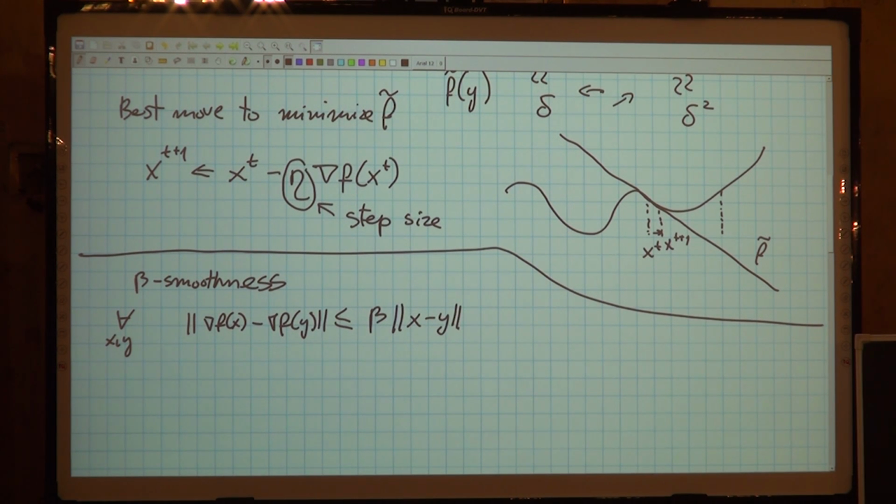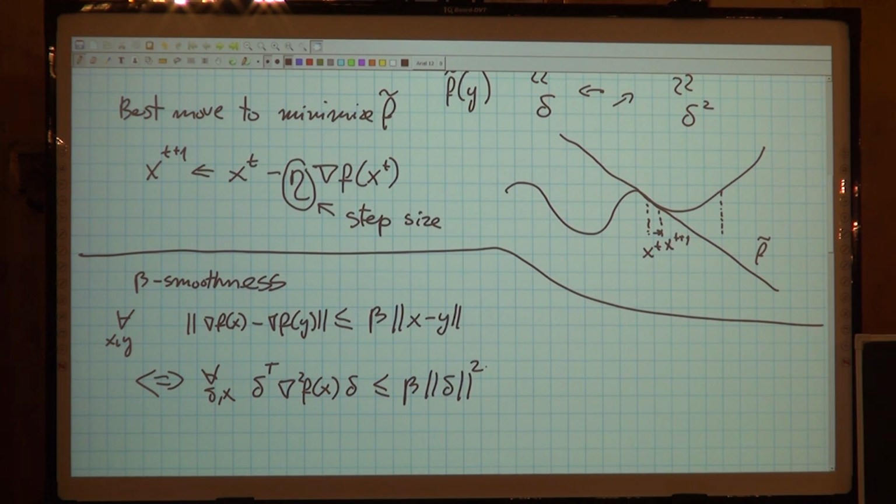Equivalently, if the function is twice differentiable, this is equivalent to saying that for any delta and any point x, if I look at the Hessian at x and this quadratic form, it is always at most beta times the norm of the displacement squared.